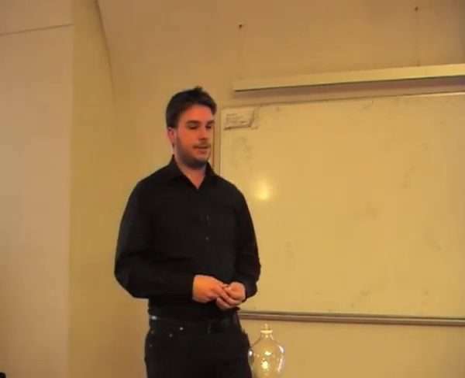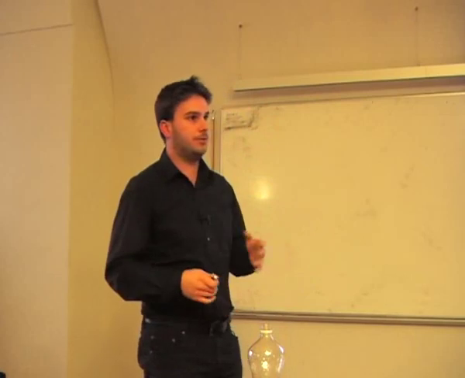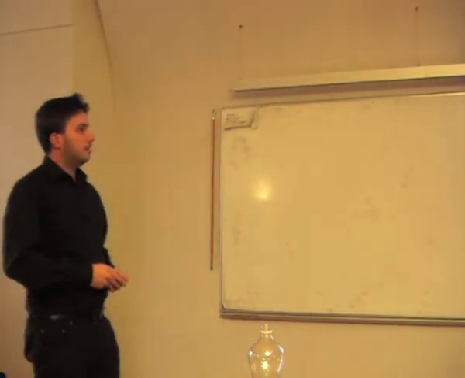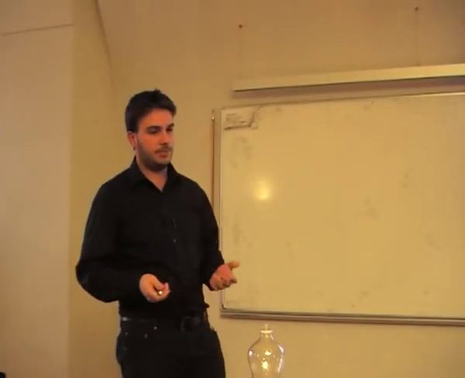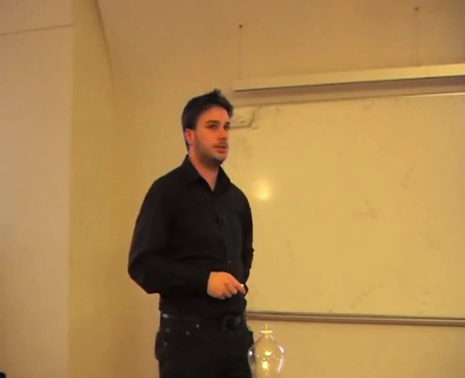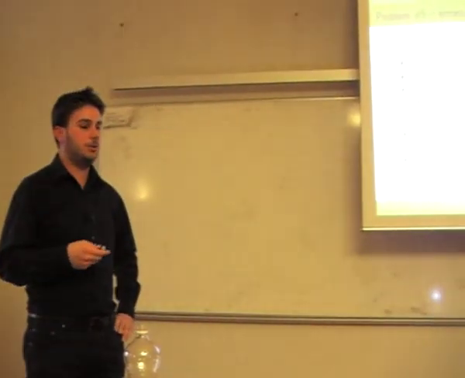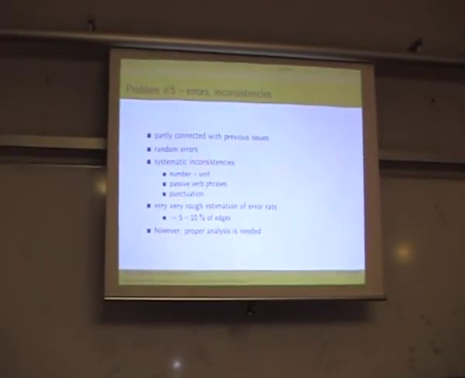Problem number 5 is actually just a result of the previous ones. We have found lots of random errors in the annotation. Here we are talking mainly about the analytical layer, to be clear.